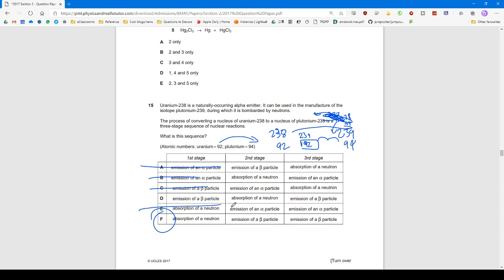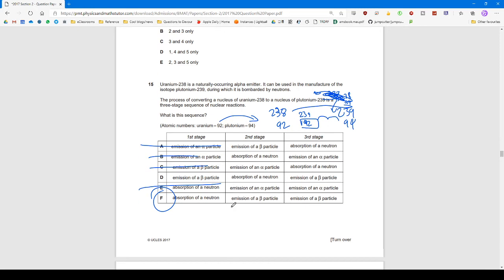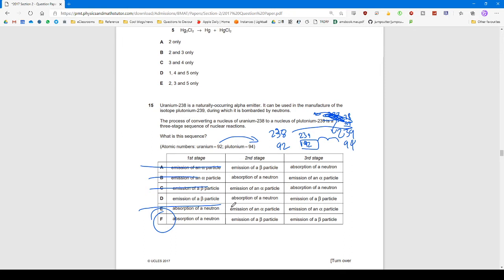So now just the order of the absorptions is in question. And if you understand the basic concept behind beta decay, it occurs when there are too many neutrons for the number of protons. Then you might realize that the absorption of the neutron comes first, or simply because of background knowledge that uranium-238 does not undergo beta decay.